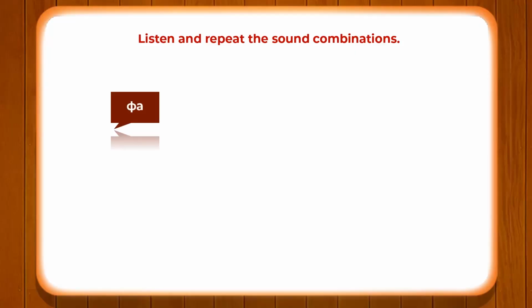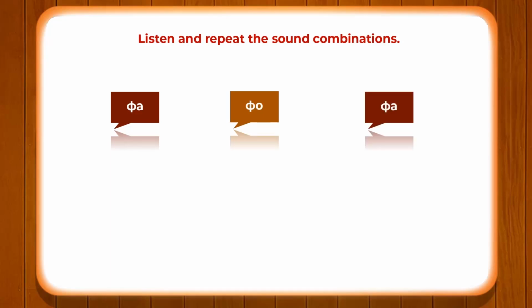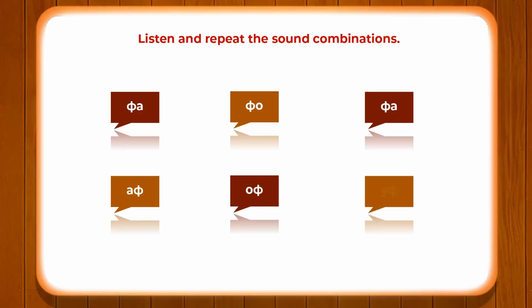As you already know, we are going to talk about combinations where we will have consonants and vowels, as well as vowels and consonants joined together, and we will pay attention to the specific sound. Alright. So, I am going to start with fa, fo, fu. Now, af, of, oof.